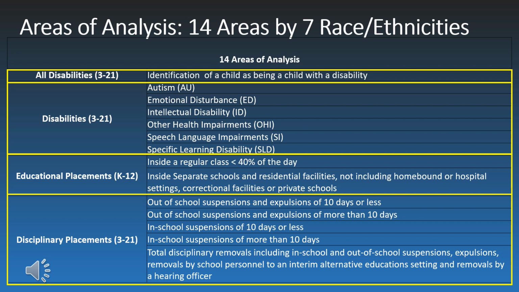That is a total of 98 calculations each night when compared to the 7 race ethnicity categories, which are Hispanic, American Indian Alaskan Native, Asian, Black, Hawaiian Pacific Islander, white, and 2 or more races that are not Hispanic.